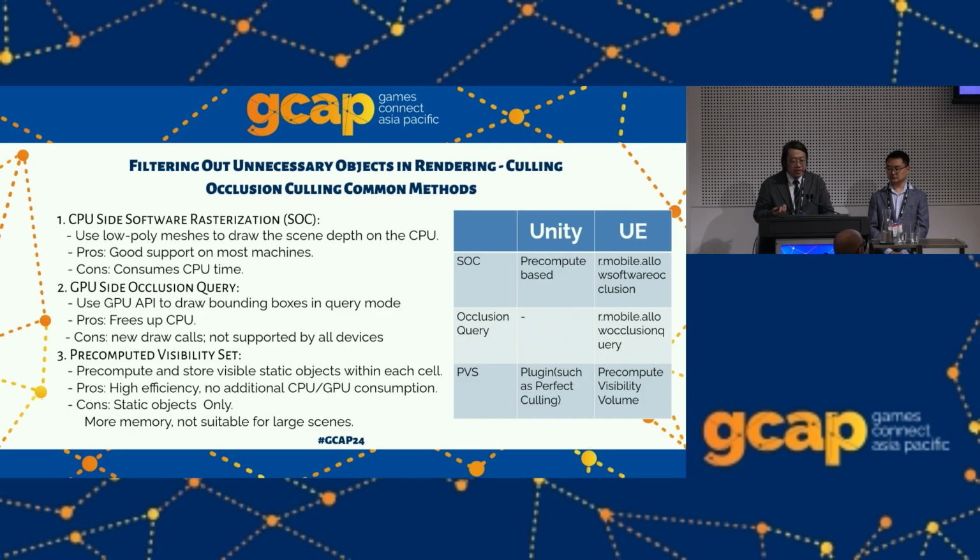Occlusion culling is significant for first-person shooting or action games. It typically involves software rasterization, GPU occlusion queries, and PVS, potentially visible sets. Different types of games can choose or mix these approaches.